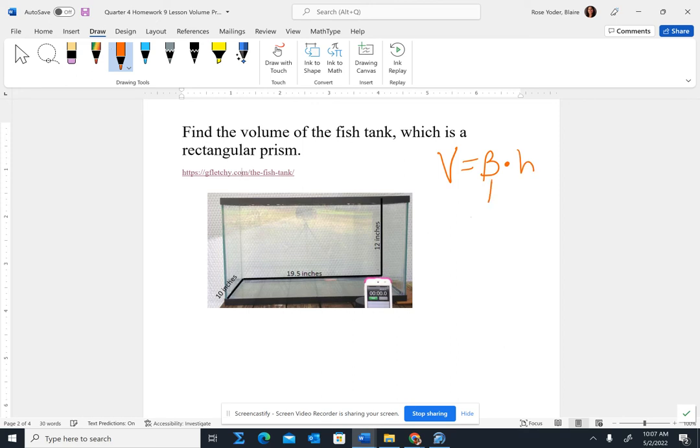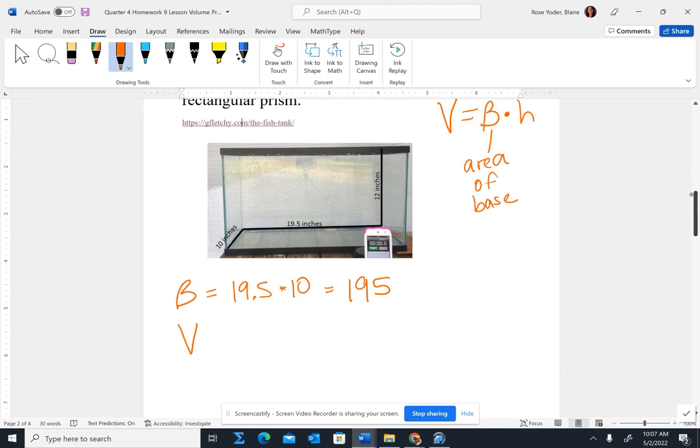This big fancy B here doesn't just mean one of the dimensions of the base, it's actually the area of the base. So in this case, the base is a 19.5 by 10 rectangle, which is 195 square inches. So to find the volume, we would do 195 square inches times a height of 12 inches.